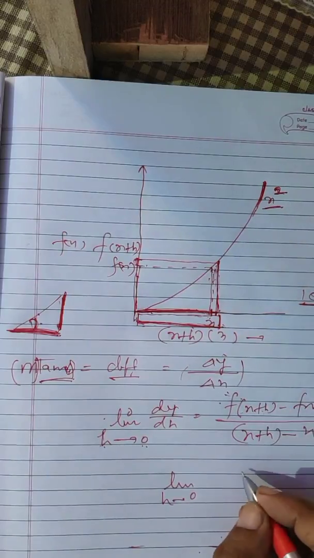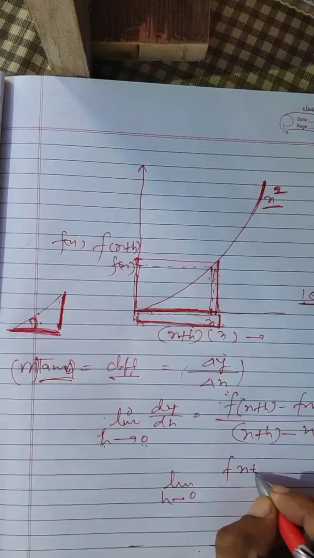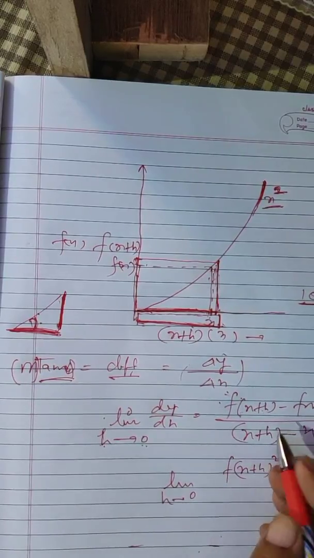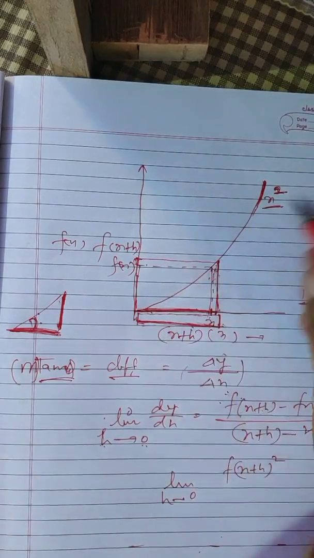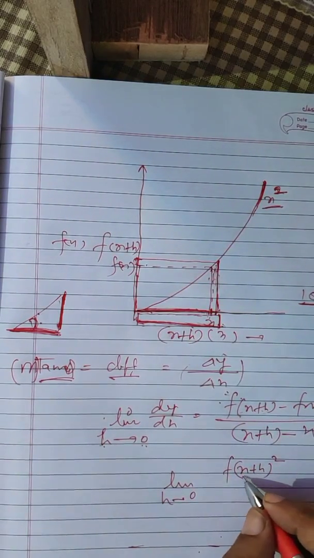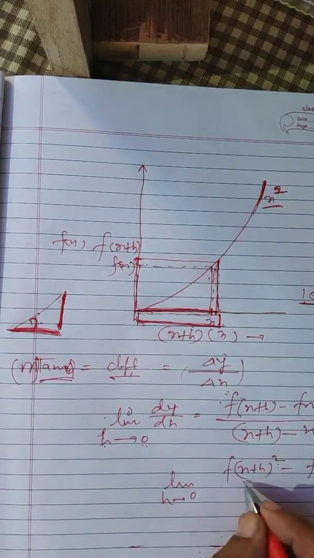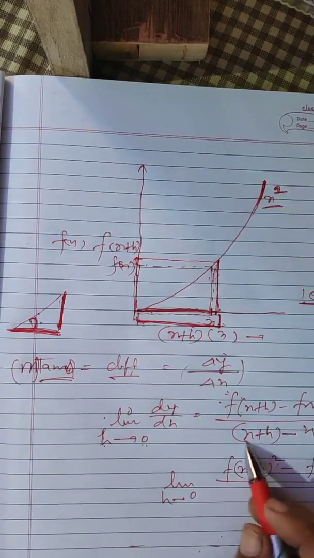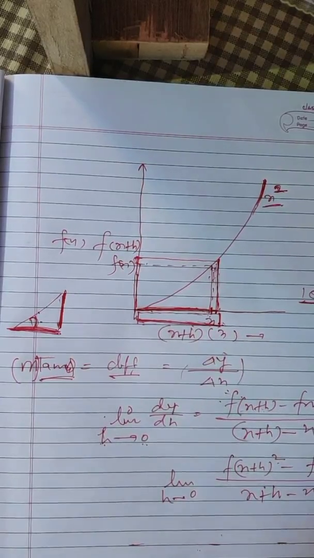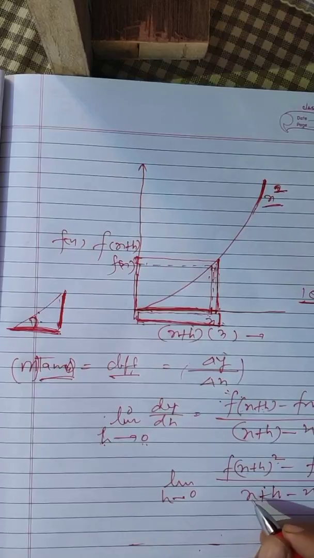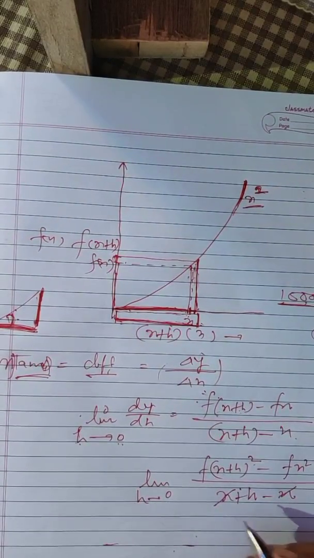for this polynomial we have here, f(x plus h) is x plus h square. Actually we are making change in our x, so our function is not x, actually it is x square, so we are changing (x plus h) square minus x square divided by this x plus h minus x. And these two x are finished as they have the reverse sign.